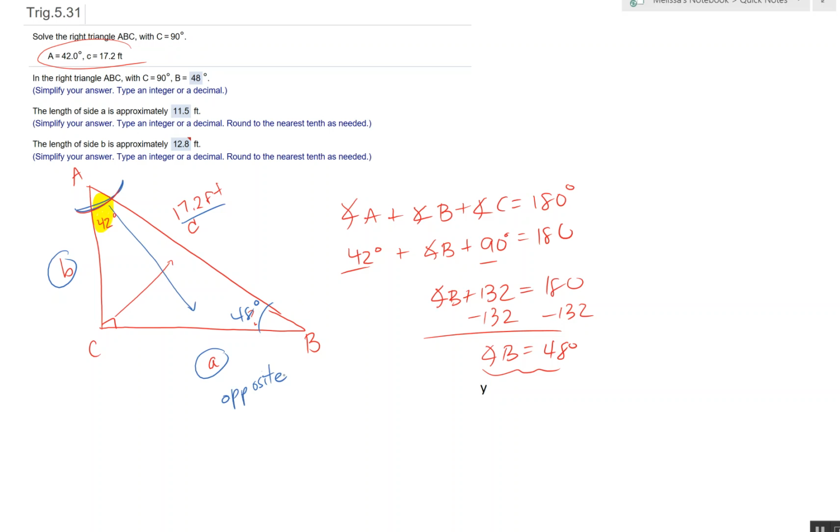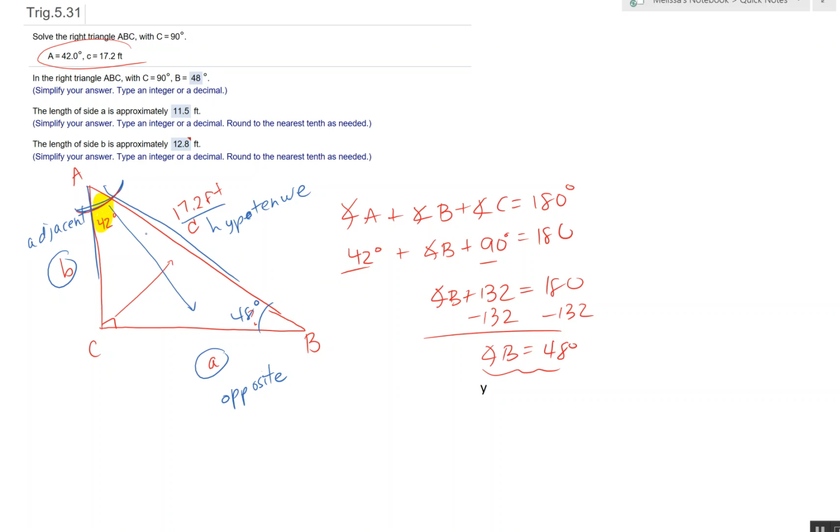So I'm going to label opposite on side A. Side B is adjacent to the angle, it's touching it. And side C is the diagonal, it's the hypotenuse. You actually have two adjacent sides to the angle, but one of them will always be the hypotenuse.